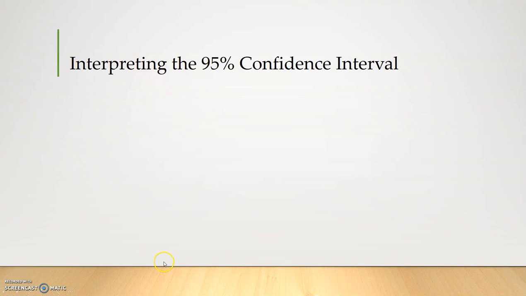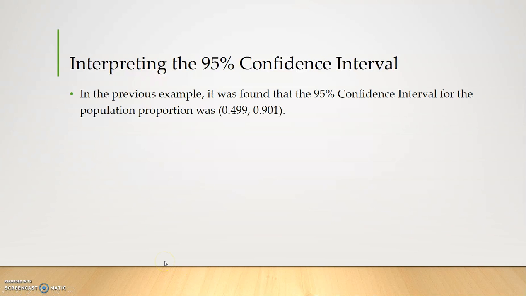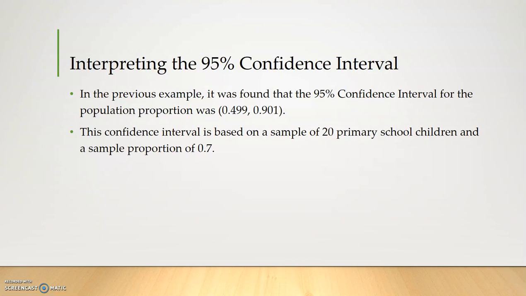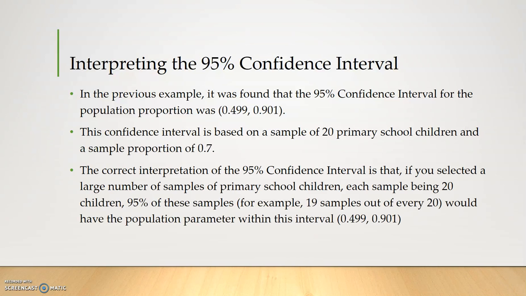Interpreting the 95% confidence interval. In the previous example, we found that the 95% confidence interval for the population proportion was 0.499 to 0.901. This confidence interval is based on a sample size of 20 primary school students and a sample proportion of 0.7.